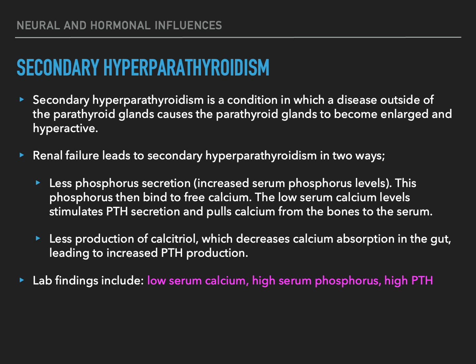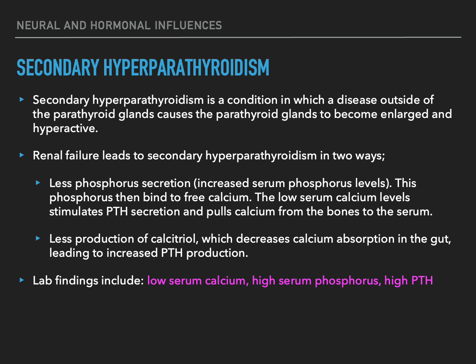First, the kidney is secreting less phosphorus, which leads to increased serum phosphorus levels. This phosphorus then binds to the free calcium, decreasing the serum calcium levels, which then stimulates the parathyroid glands to secrete more parathyroid hormone and pulls calcium from the bones to the serum.